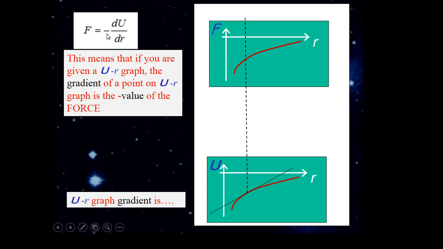But you multiply in a negative sign, you get the value of the gravitational force, which is negative in nature because it's attractive. Hence, it's the negative value of the force. So the UR gradient is the negative value of the force. So this is on the first graph, first box that you have on the left hand side.